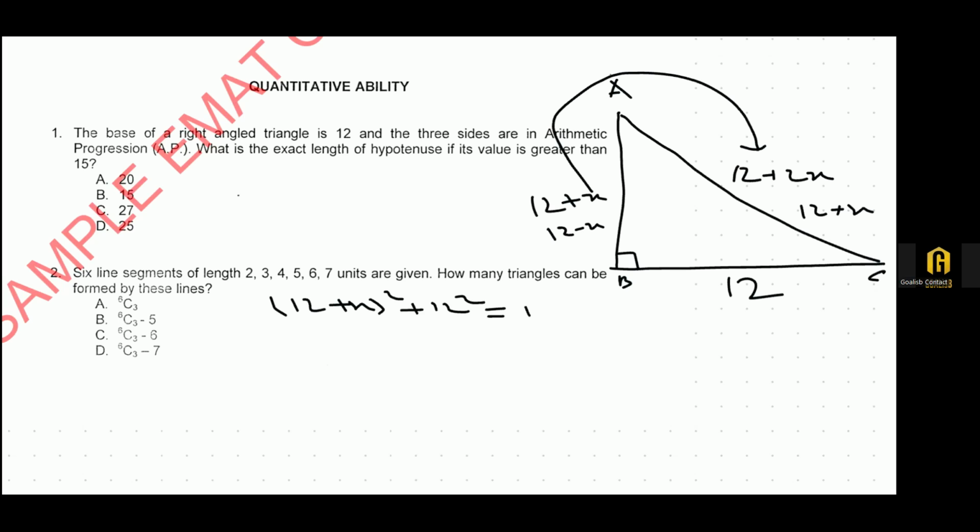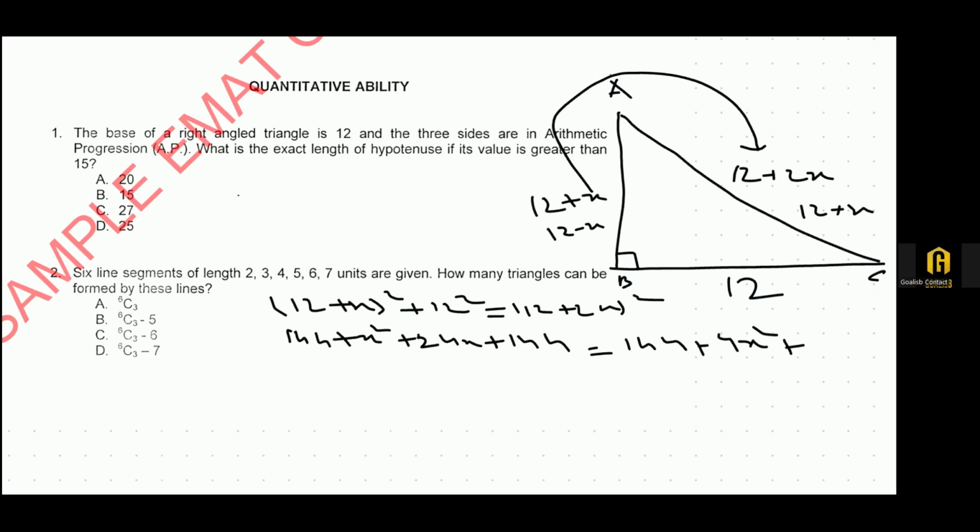Now, 144 plus x square plus 24x plus 144 will be equal to 144 plus 4x square plus 48x. I just opened the (a plus b) whole square.